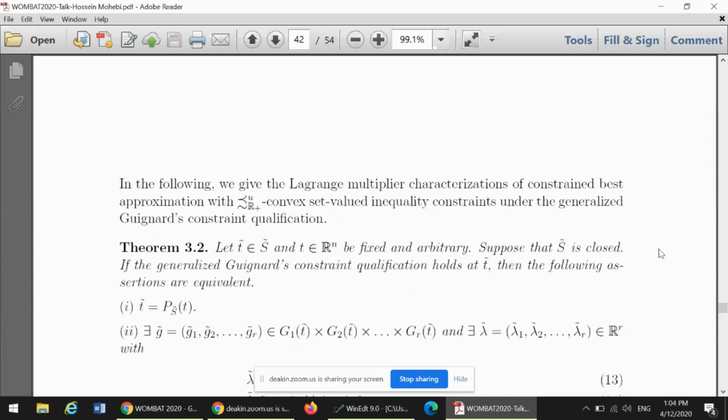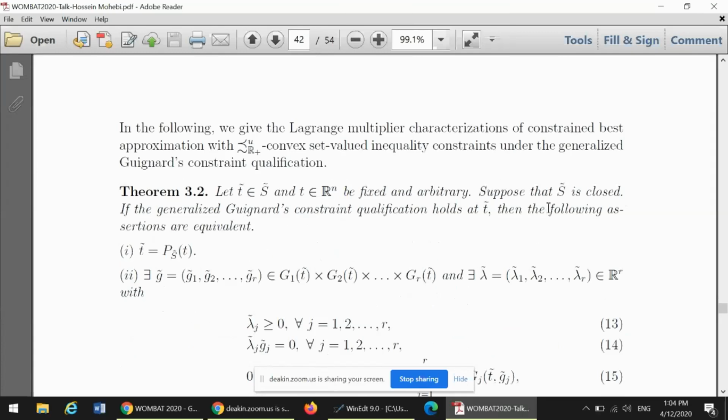Now we give a Lagrange multiplier characterization of constrained best approximation whenever the constraint set S is convex with respect to the upper set less order relation under the generalized Slater constraint qualification. Suppose that S tilde is closed, and if the generalized Slater constraint qualification holds at T tilde, then the following assertions are equivalent.